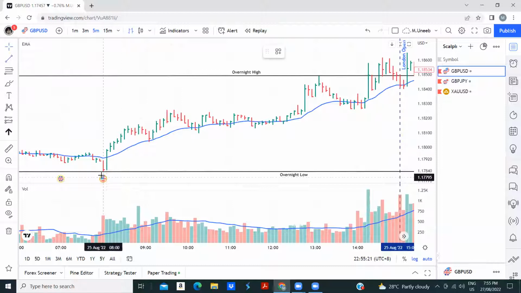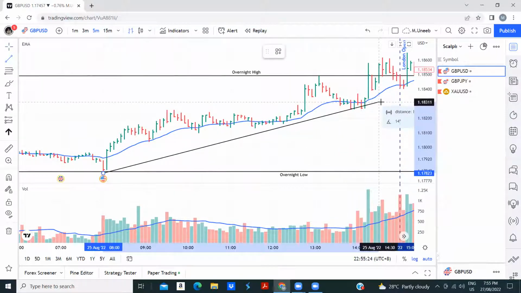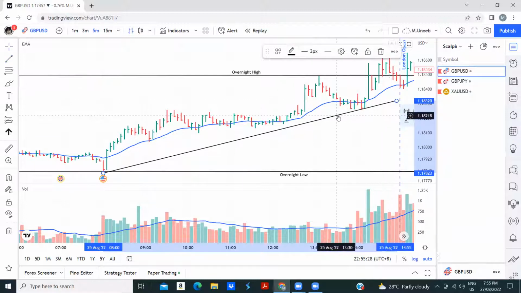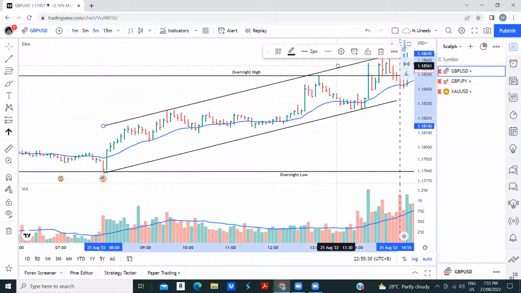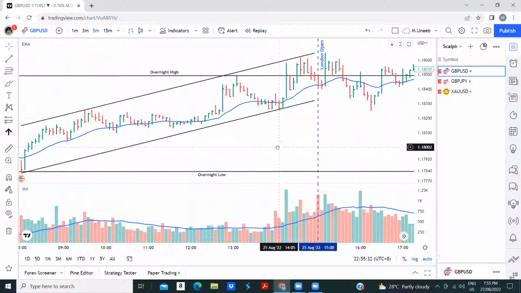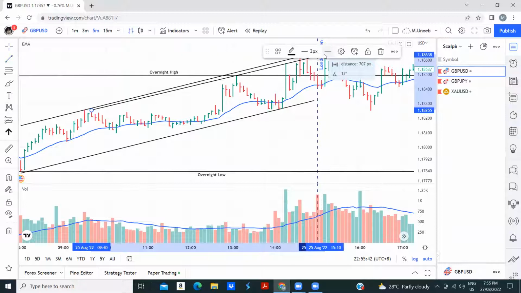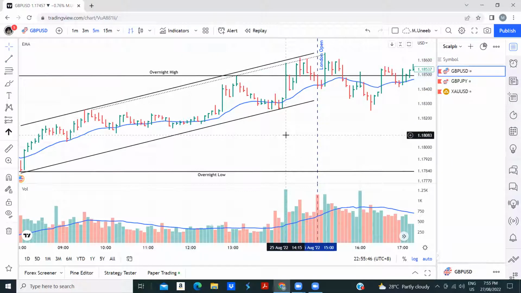Joining from here. And then what do I see here? Kind of SOT here. I draw this SOT line as dotted, so that I can identify it, SOT.